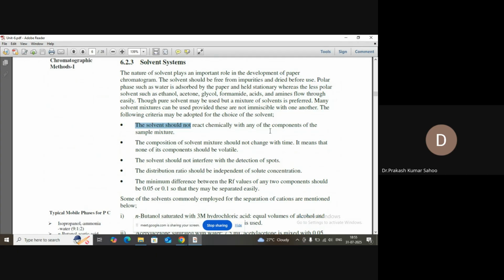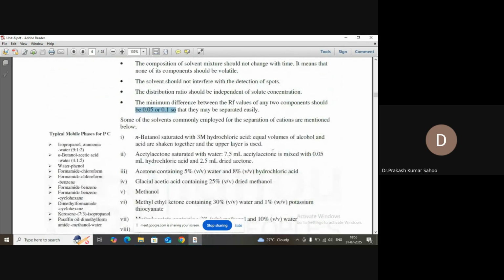The distribution ratio should be independent of solute concentration. The minimum difference between the retention factor values of any two components should be 0.1. Well, these are some basic criteria before choosing a solvent as the mobile phase. Some solvents commonly employed for the separation of cations are mentioned below.